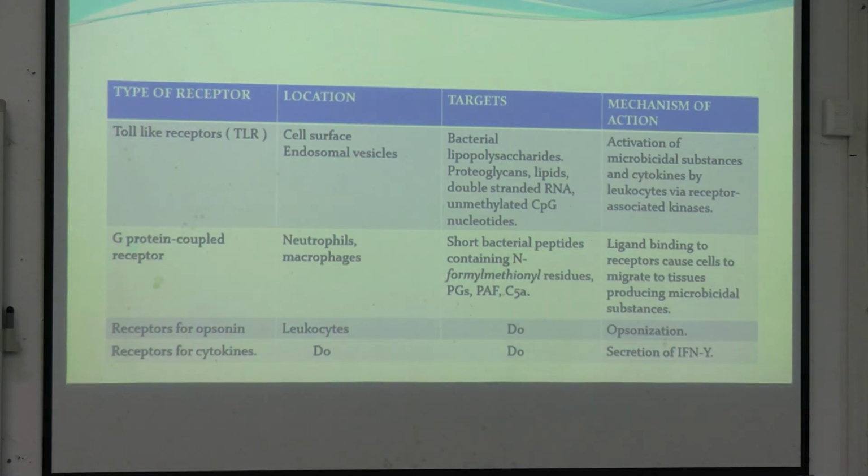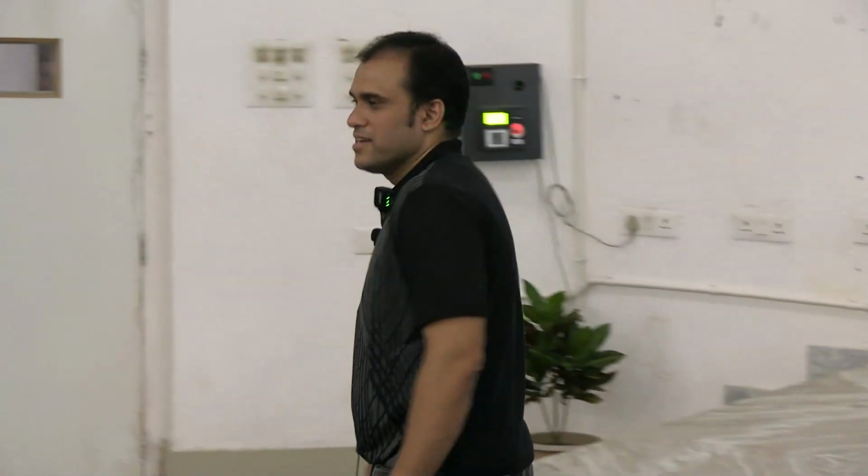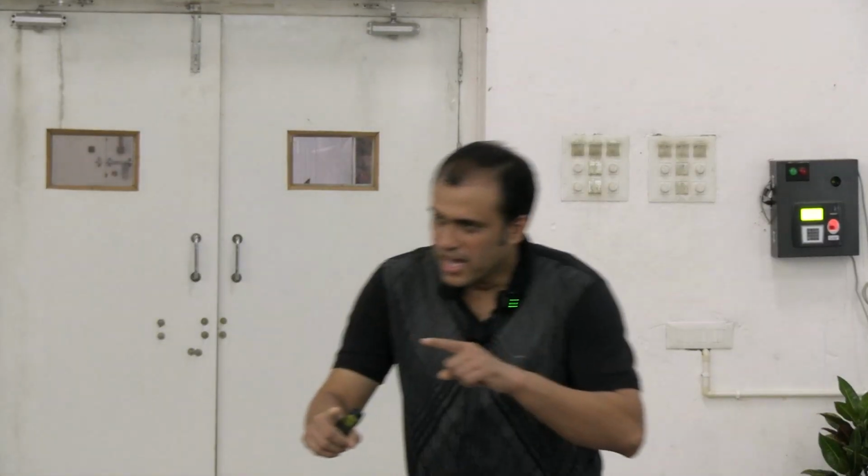Then you have receptors for opsonins. What is opsonin? What is opsonization? Opsonization কথাটার মানে কি? If a bacteria is targeted, what some of the leukocytes do is they cover the microbes, the microbes get covered by particular substance.